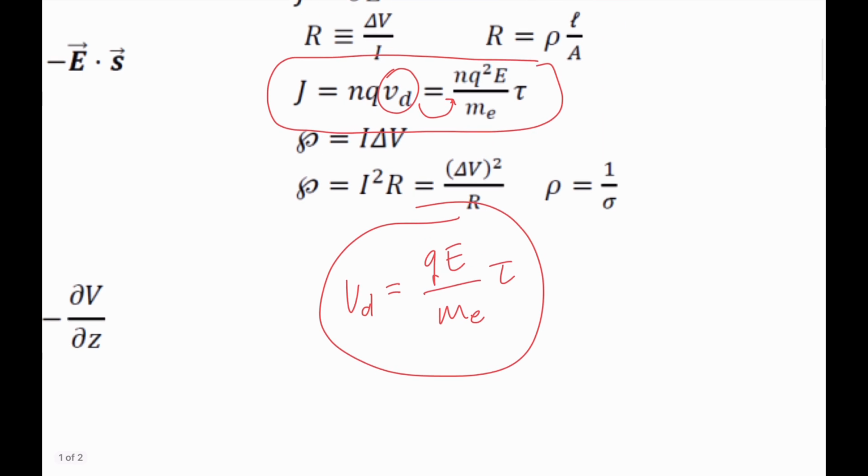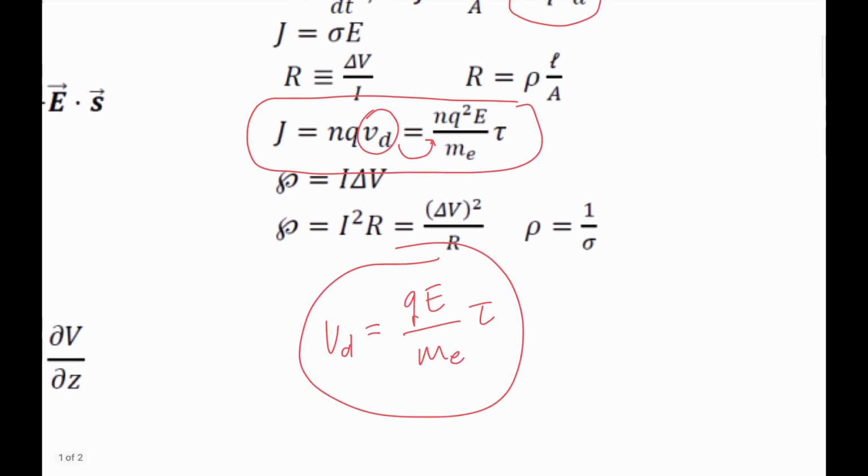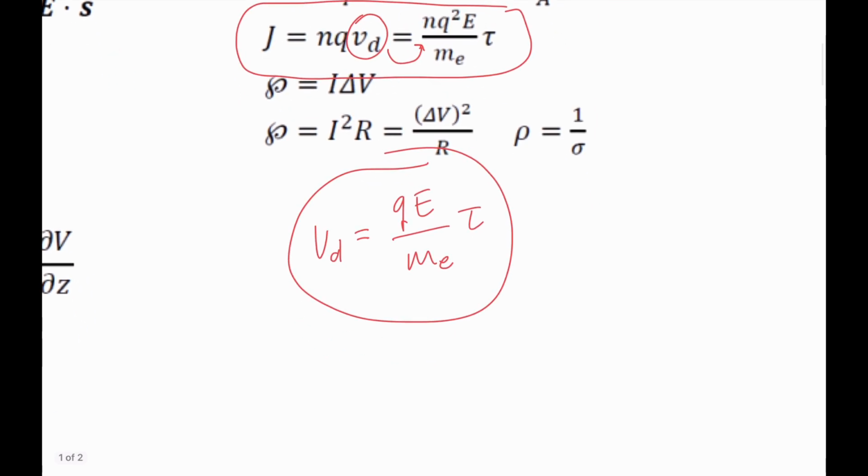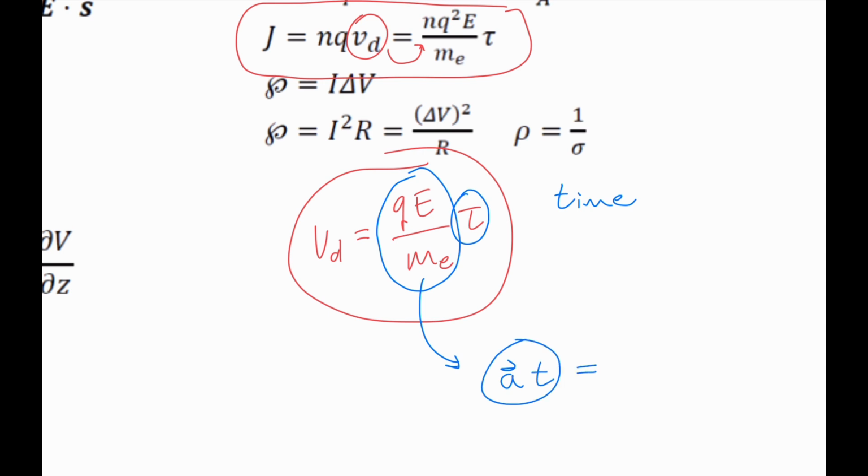Very cool. Here we have the acceleration, and here we have tau, which normally is a unit of time. How long does it take for you to accelerate this electron? So if you multiply a times t, you get velocity, the drift velocity.